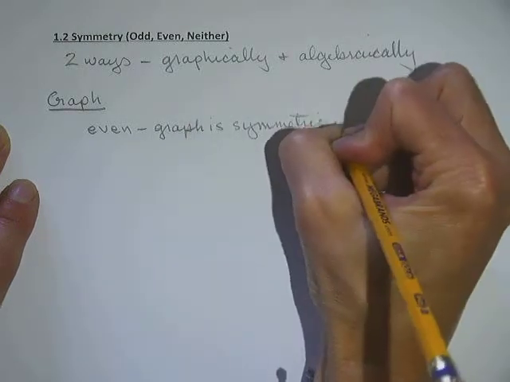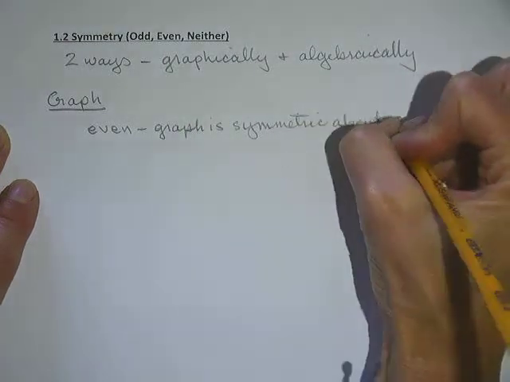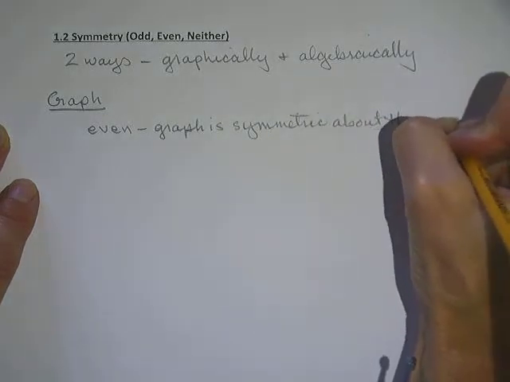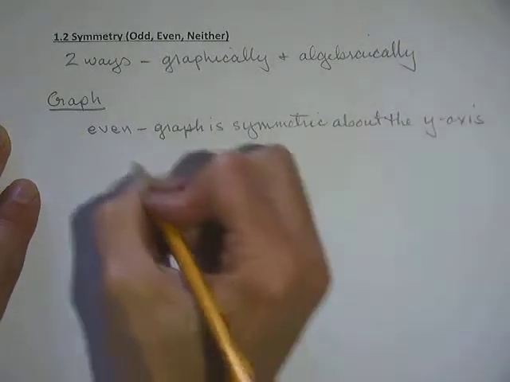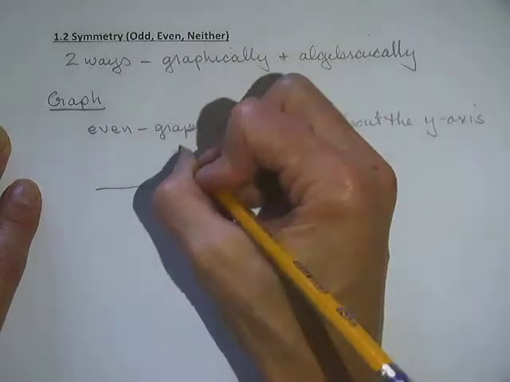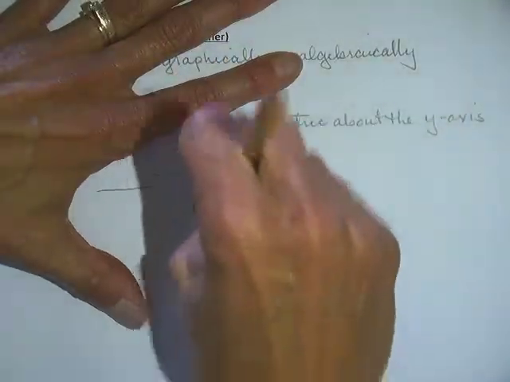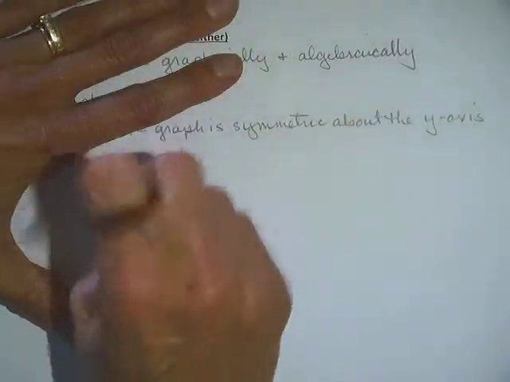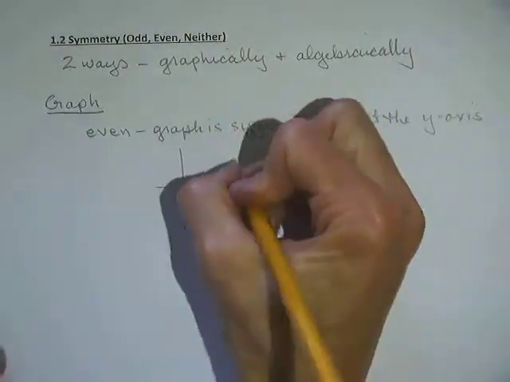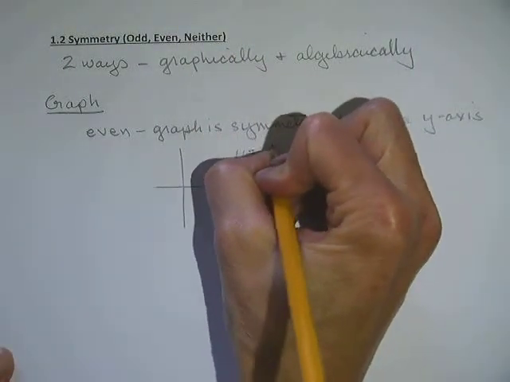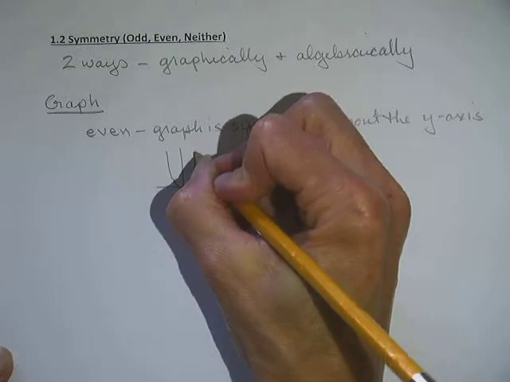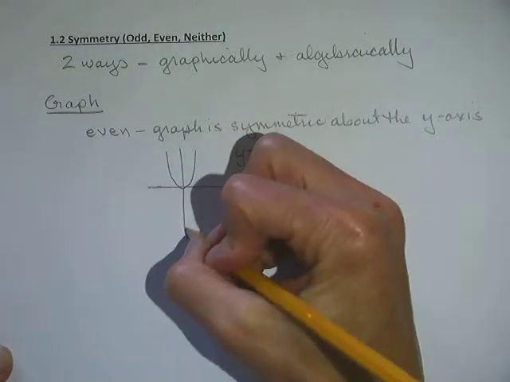If a function is even, then the graph is symmetric about the y-axis.